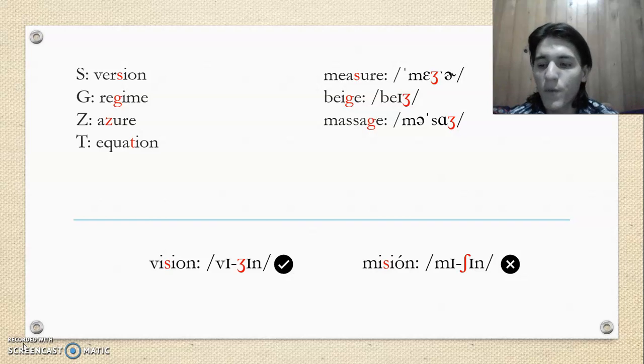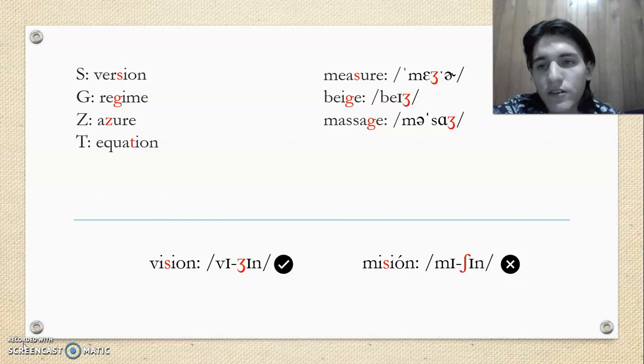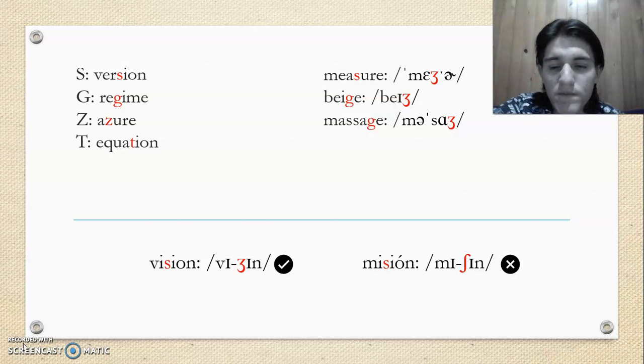Well, we have to learn the vowel as in vision, not as in mission. Vision, mission. There is a little difference to not make mistakes.